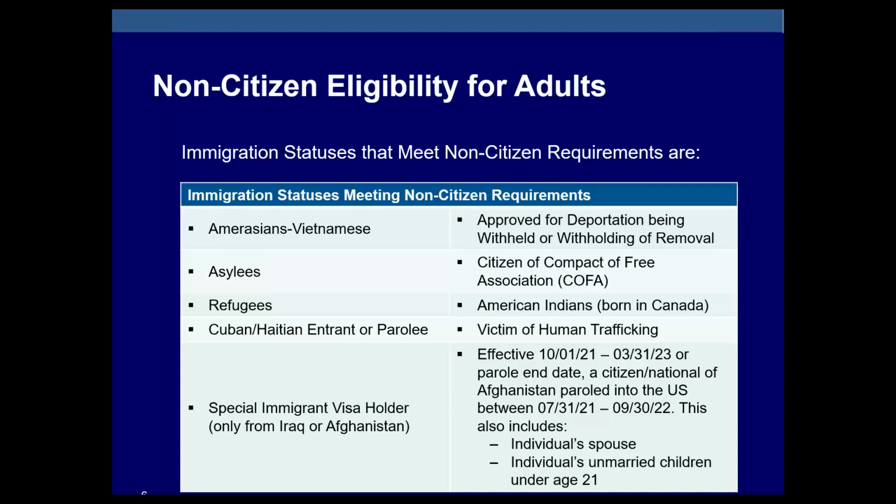This also includes the individual's spouse and the individual's unmarried children under the age of 21.